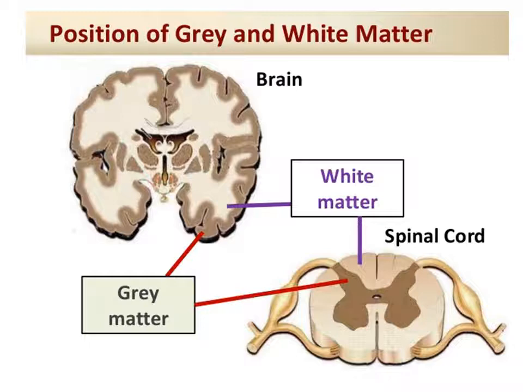So what we can see is wherever we've got white matter, this is because these are the neurons which have a lot of myelin on them, whereas some of the neurons that we've got here in the central nervous system don't have myelin sheaths, and these ones are what we refer to as the grey matter. And if you can see on this diagram of the brain, quite a lot of the grey matter on the brain is in the cortex, which is the outer region of the brain. And we'll see why that is shortly.